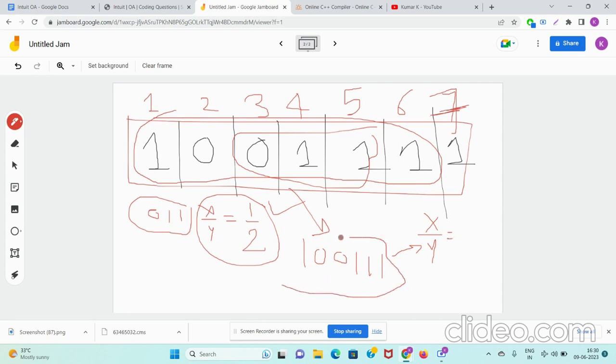So let's try to figure it out. There are two zeros, so 2. How many ones are there? 1, 2, 3, 4. So 2 by 4. We want x by y is 1 by 2. So 2 by 4, if you reduce, 2 ones are 2, 2 twos are 4. This is 1 by 2. Okay, guys? So yeah, this is also a valid subarray.